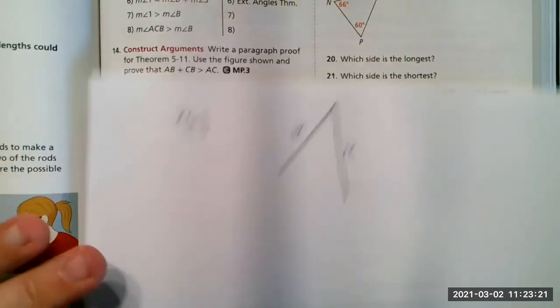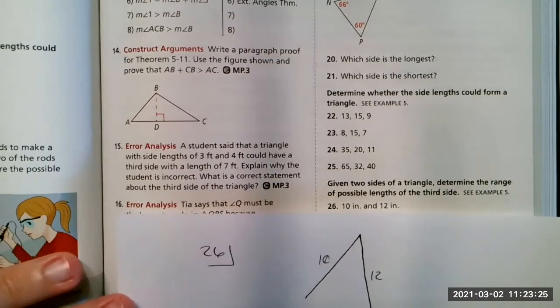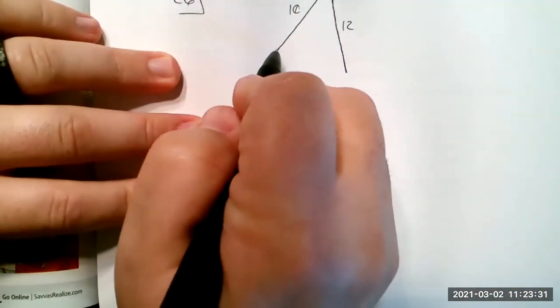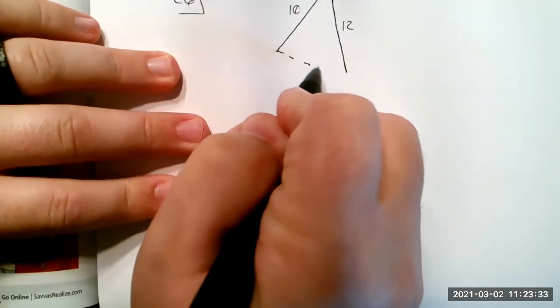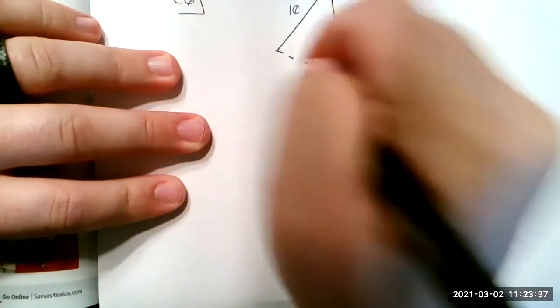And the question we're answering is determine the range of possible lengths of the third side. So we're going to call this third side that we don't know X.